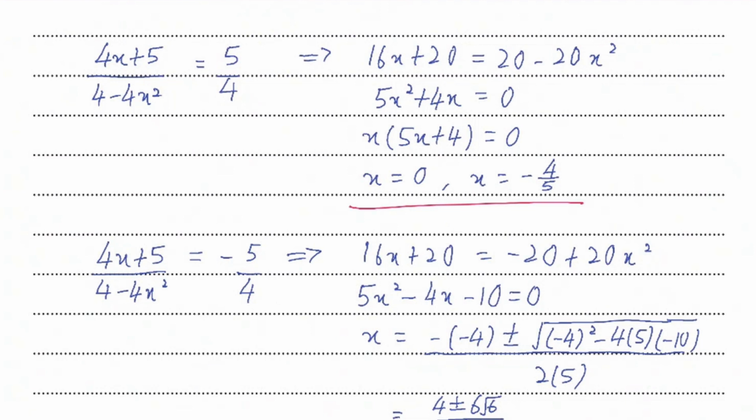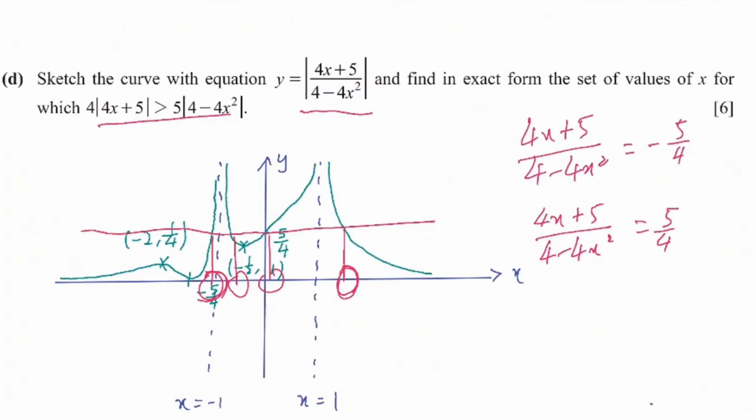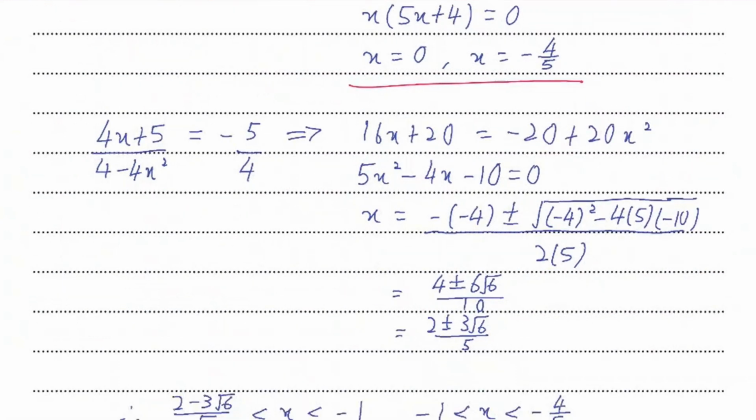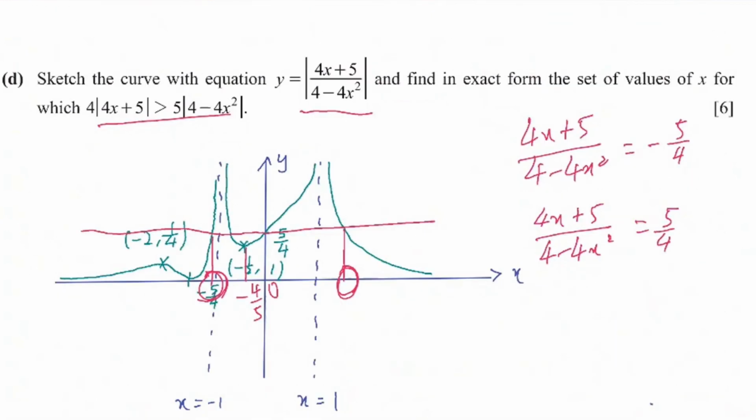So we have 0 and negative 4/5. This is 0, this is negative 4/5. And the two values at the ends are 2 plus minus 3 root 5. So this value here is 2 minus 3 root 5.